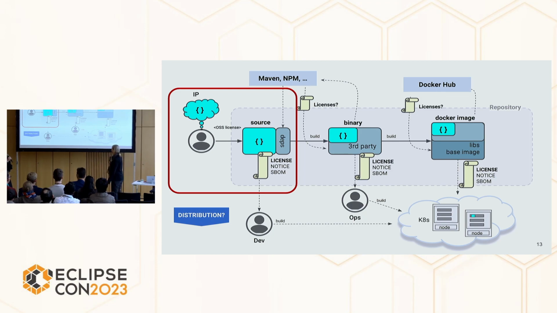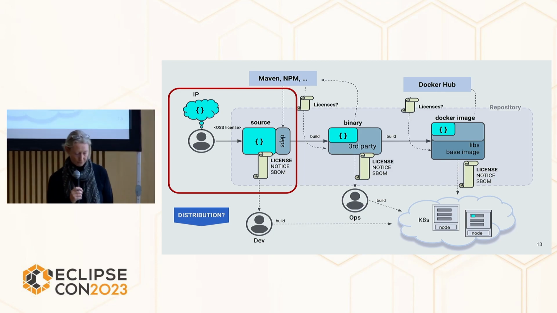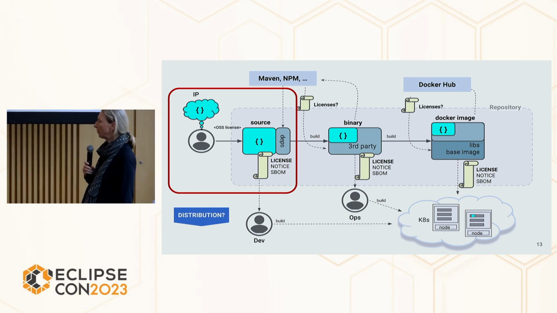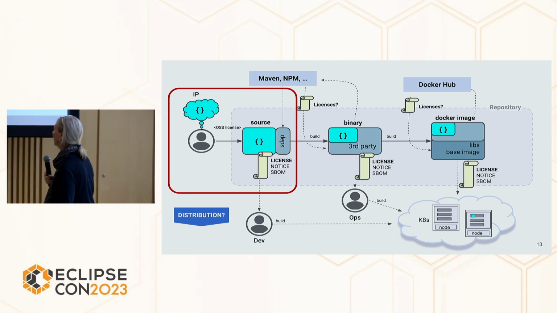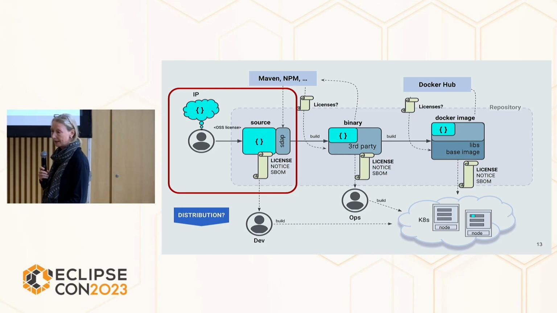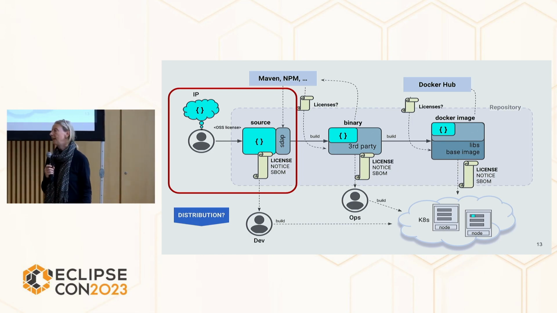Yeah, so that means from a practical perspective, what do we have to do? We have to curate our legal documentation. So we have to put the license we decided for in our repository. We have to put a notice file where we declare again the license and all the links to the source code.